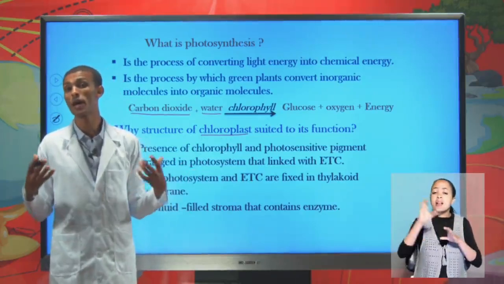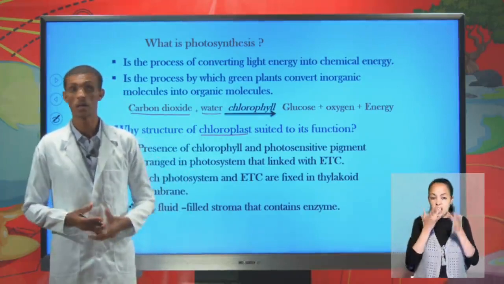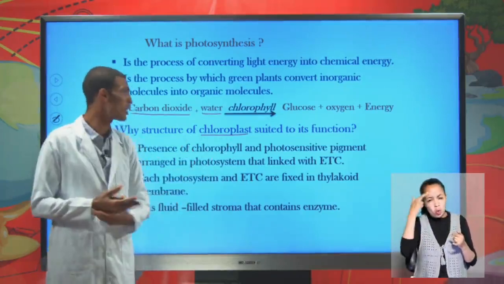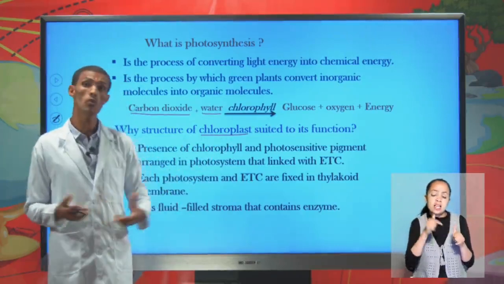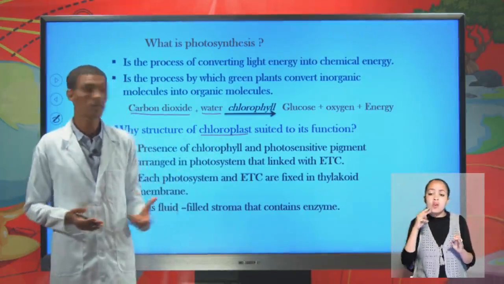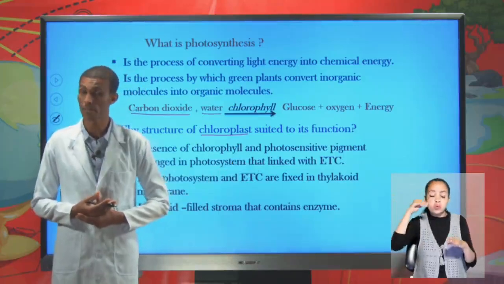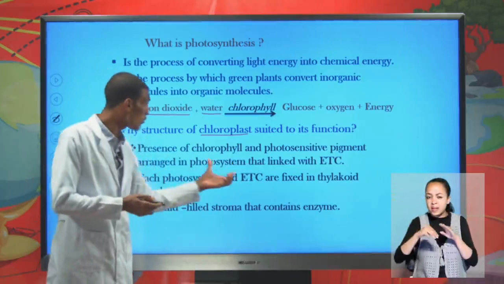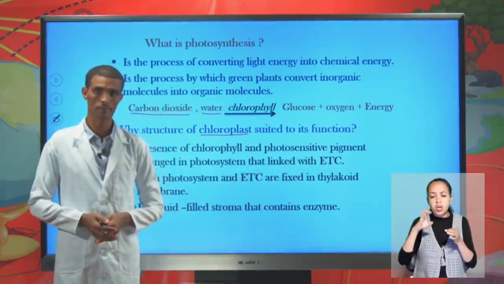Chloroplast, just like mitochondria, is well suited and adapted for its function for the following reasons. One is the presence of chlorophyll with another cofactor, such as magnesium, the photosensitive pigment found in the thylakoid membrane, where each chlorophyll in the photosystem is linked to the electron transport chain.